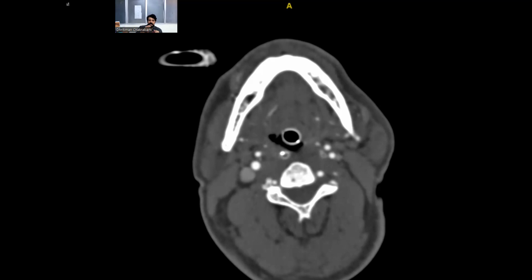Then the ICA will enter the temporal bone through the petrous part of the temporal bone. As soon as it enters the petrous part, it becomes parallel to the skull base. So it basically takes a turn, becomes parallel to the skull base and goes medially. You'll be able to see it inside the petrous temporal bone on these cuts.